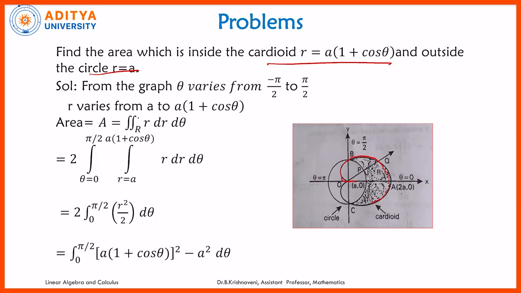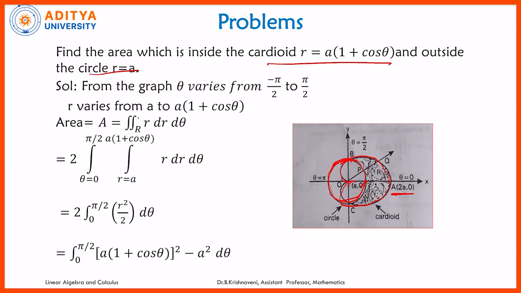This is the cardioid. And the circle r is equal to a. So in the cardioid this point is A, given by 2a comma 0, and here it is exactly a comma 0, hence we need to draw the circle in this form.